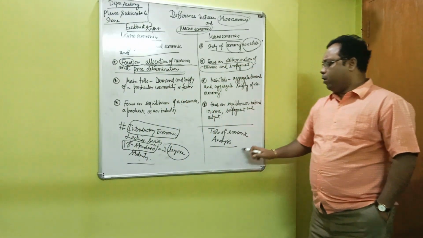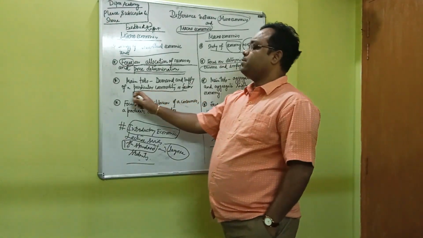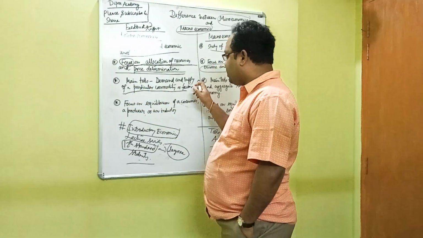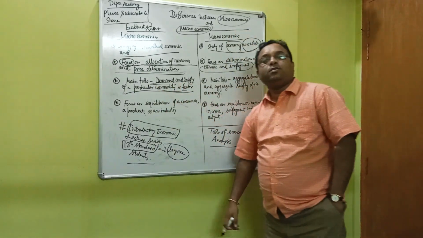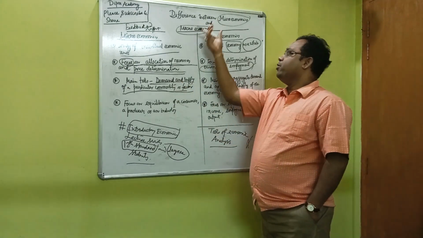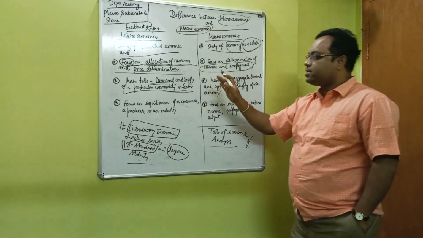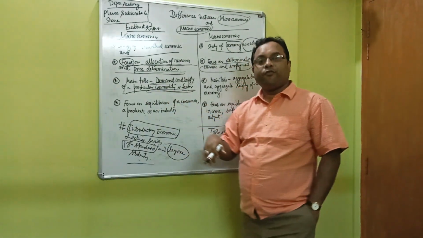So what are the tools of economic analysis in microeconomics? Broadly, it is the demand and supply of a particular commodity or factor. This is the main tool of microeconomics.